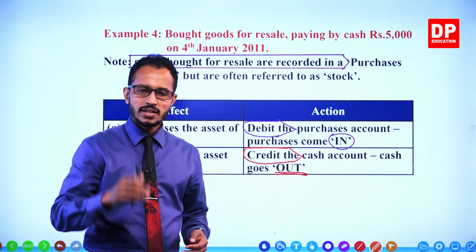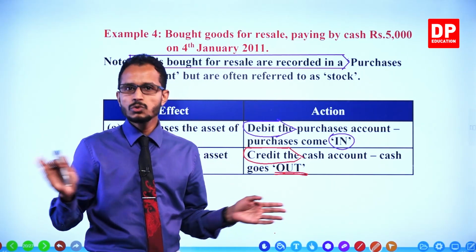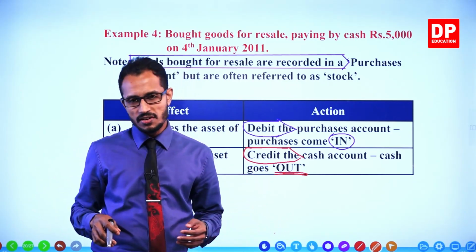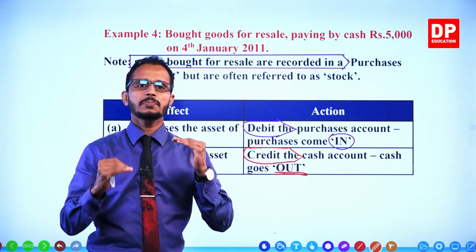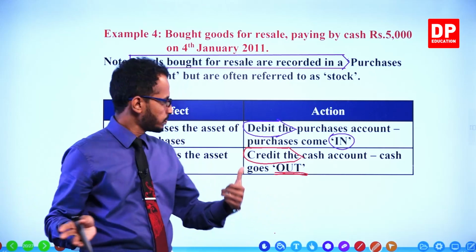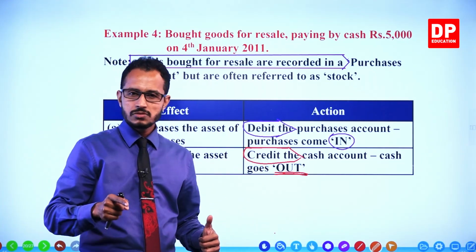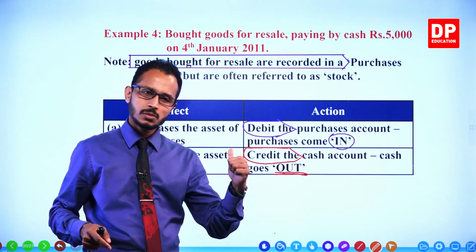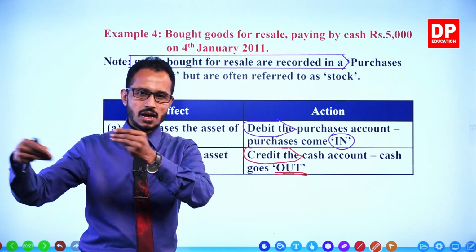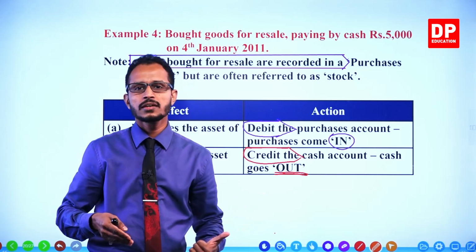Well, it's easy to remember that way, children. I don't know whether you are already using the double entry system. If you can remember the double entry principle, increase debit, decrease credit, no need to change to this system again. But for you beginners, this system will be easy. Always, whatever is coming in, those ins are debit.